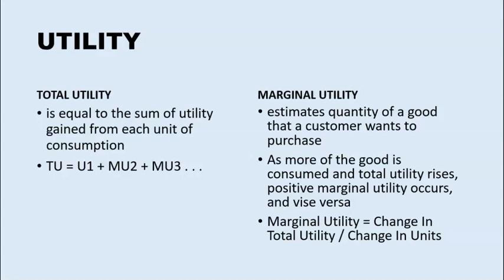One law about marginal utility is, as more of the good is consumed and total utility rises, positive marginal utility occurs. So this can also be said the other way. The more of the good that is consumed and total utility decreases, negative marginal utility occurs.